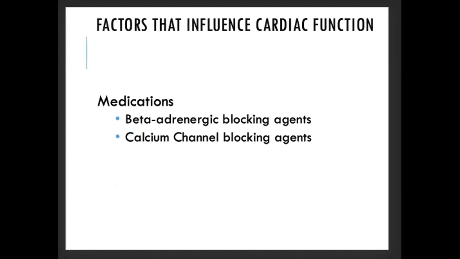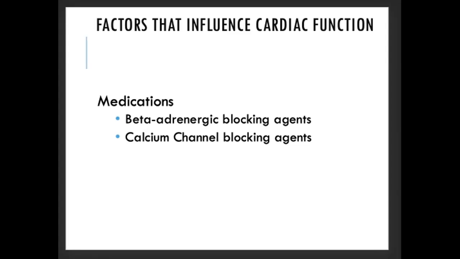Medications. So we know that many medications can change our heart rate and reduce the force that our heart contracts with. They can reduce our cardiac output and impair our tissue oxygenation. The two that I've listed here are commonly used cardiovascular depressants.